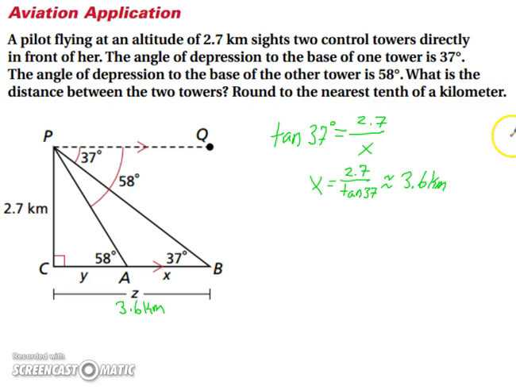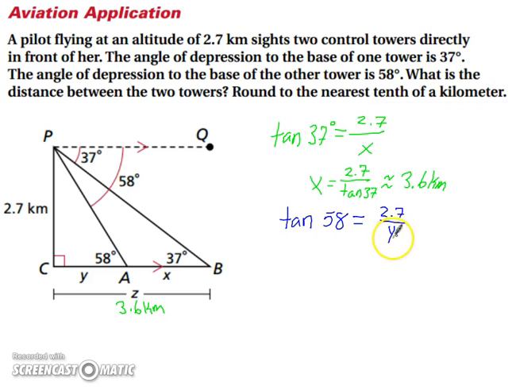Well, let's try finding our y. So we're going to use 58 degrees, and we've got our opposite and our adjacent as the y. So we're going to use tangent again. So we have the tangent of 58 is equal to our 2.7 over our y.